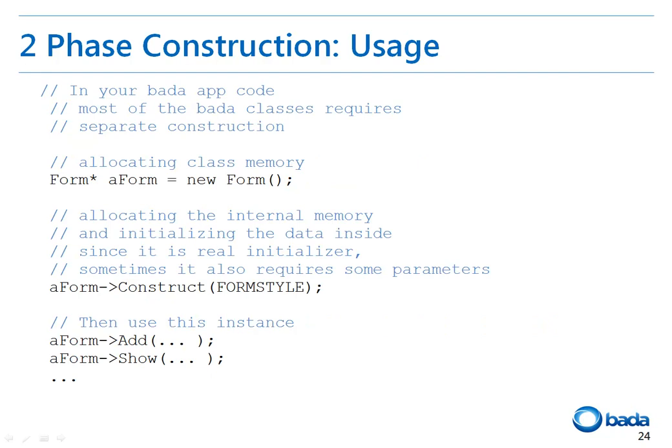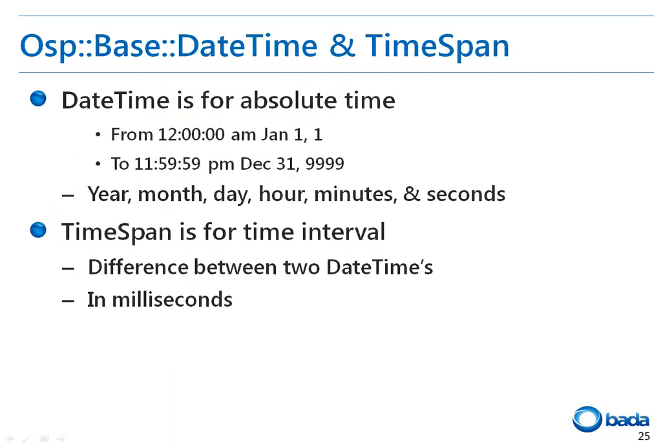As you can see in the actual source code of the form class, when a new form is created, the memory necessary for the form is not allocated. If the construct function of the form class is called, the memory necessary for the form is allocated. After that, the operations of the class are performed.